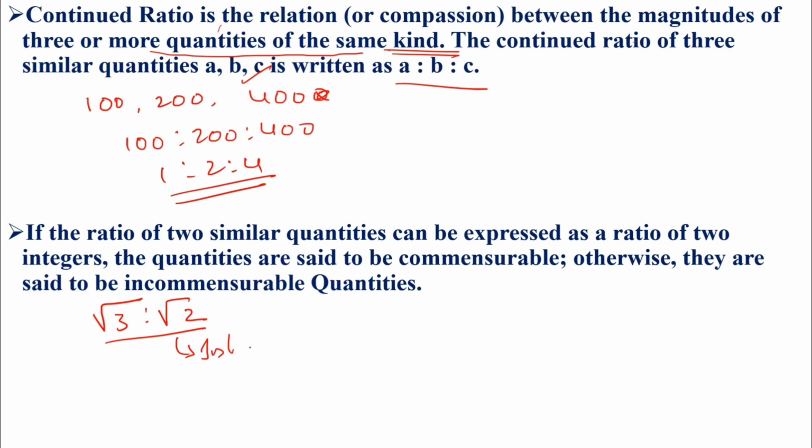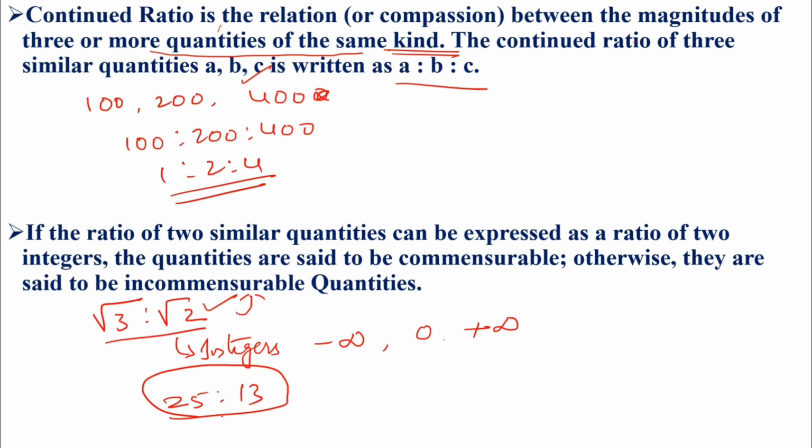Integers means the numbers from minus infinity to plus infinity, like 1, 2, 3, 4 or minus 5, minus 6. Can we express root 3 is to root 2 that way? No. So that's why this is called incommensurable quantities. Or if you take 25 is to 13, this is commensurable quantities.